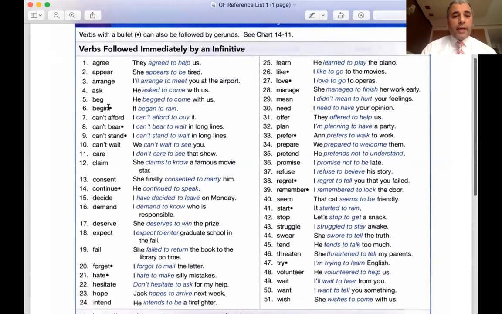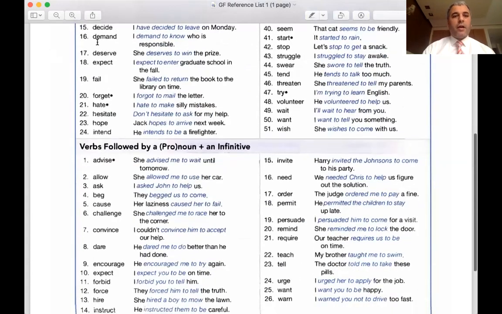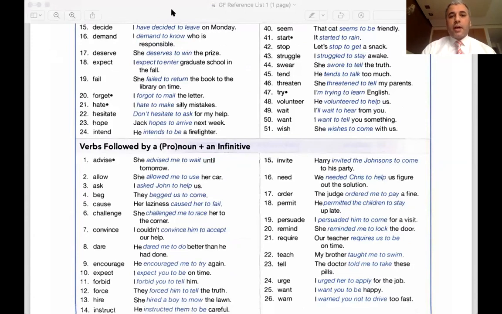Now the same story again. When you have a star like this, it means that they can also be followed by a gerund. Now you need to remember these expressions as they are. It's like learning by heart, but basically you can do that via exercises. Now, let me see the last slide. There is another slide. Okay, I think this is it.